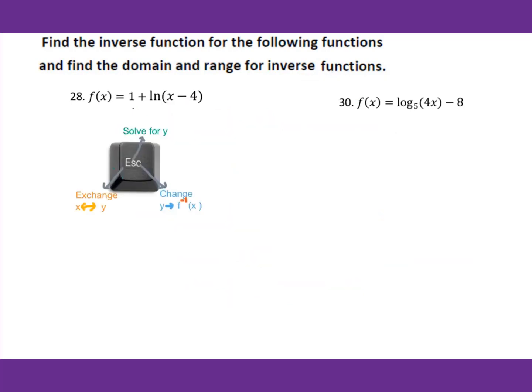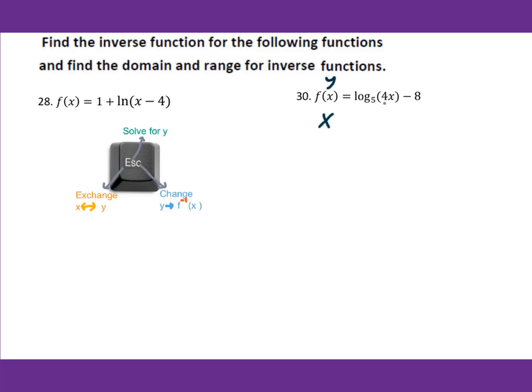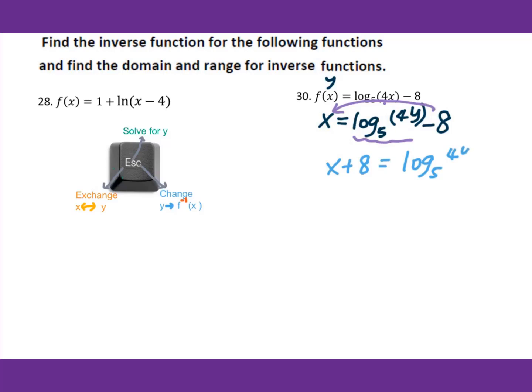Now let's go to 30. Exchange x, y. So we got x equals log base 5 of 4y, minus 8. Then we need to isolate this log on one side. We add 8 both sides, got x plus 8 equals log base 5 of 4y. Then we change log form into exponential form.